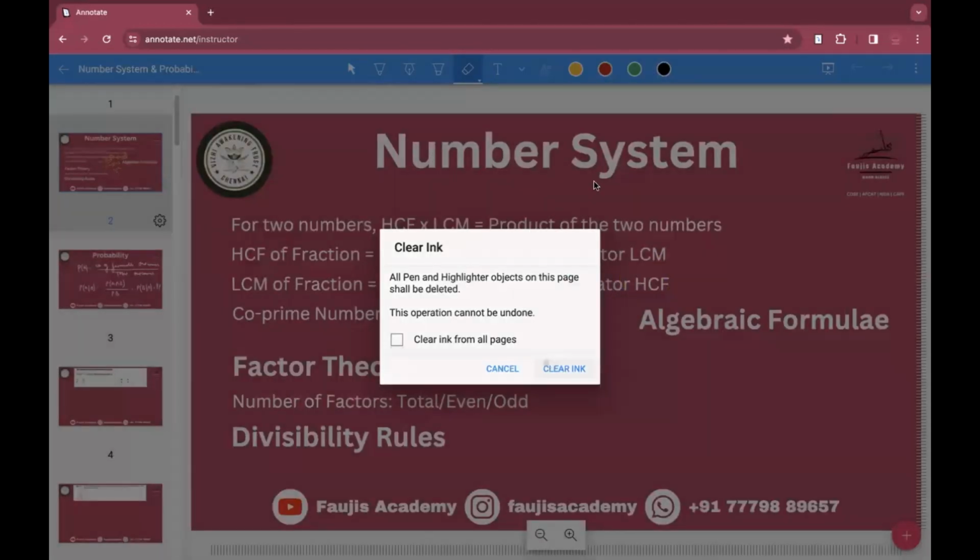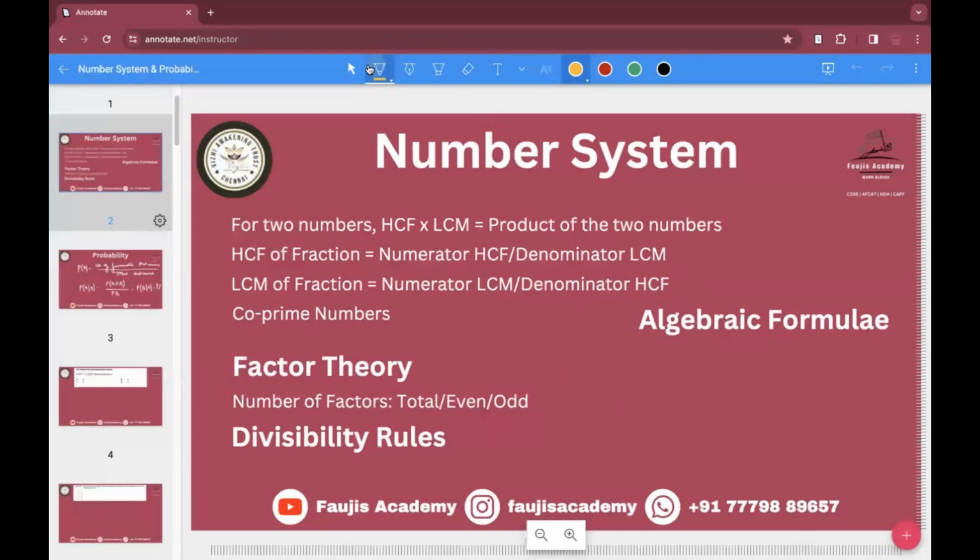So let's take another number, 120. Tell me how many factors are there. To find the number of factors of 120, first we'll have to break it into its factorized form. That is 2 to the x, 3 to the y, 5 to the z. This is called factorized form.